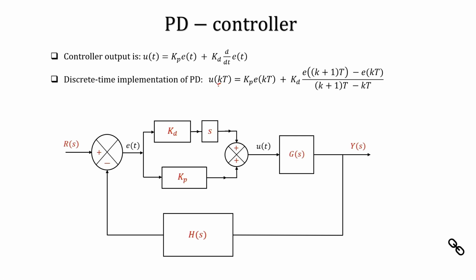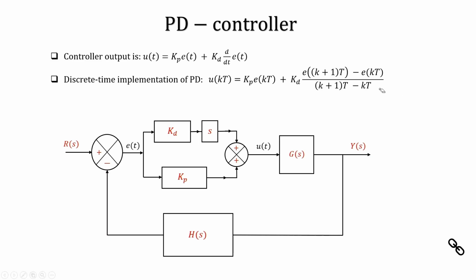At different values of k, at k equal to 0, 1, 2, you will have this expression, where the proportional part is replaced by Kp into e(kT), and the differentiation part, Kd times the derivative of the continuous signal e(t), in the discrete domain will look something like this.